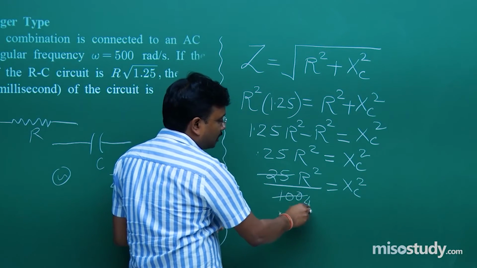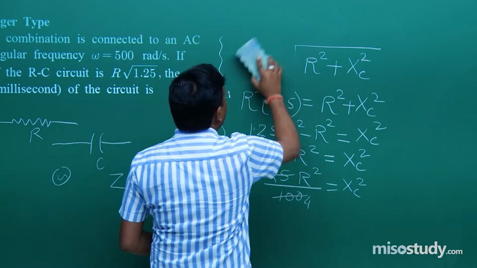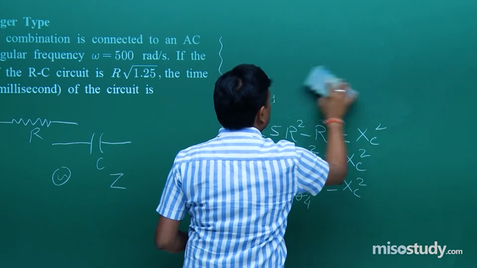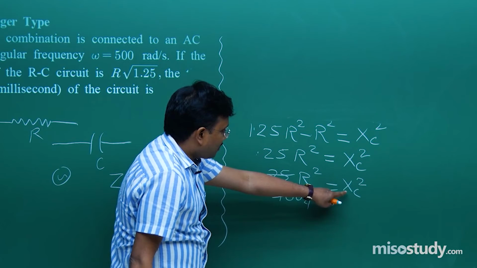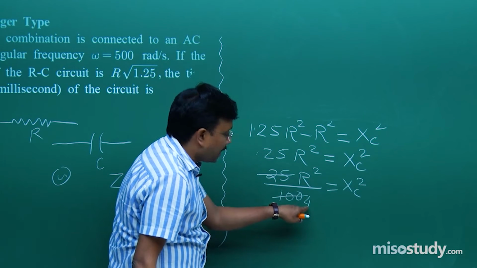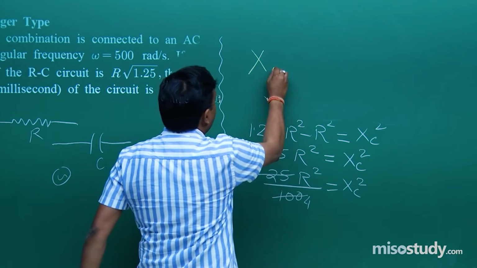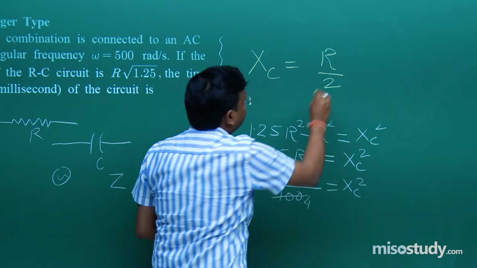So here I can very easily write down that XC is equal to R by 2. Okay, I remove this square. So XC is equal to R by 2.